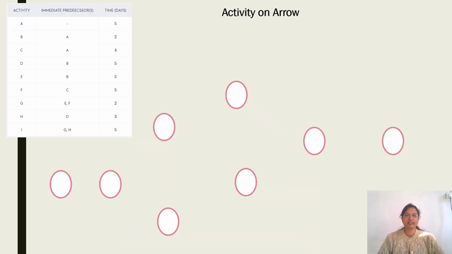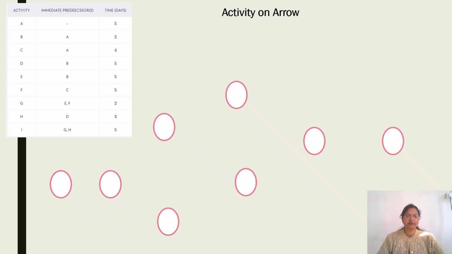Now I will start with how to draw the activity on arrow diagram. Here the activities, immediate predecessors and the times are mentioned. In activity on node, we write the activity name inside the node, that means inside the circle we write activity A, B, C, D. That's why it is called activity on node.